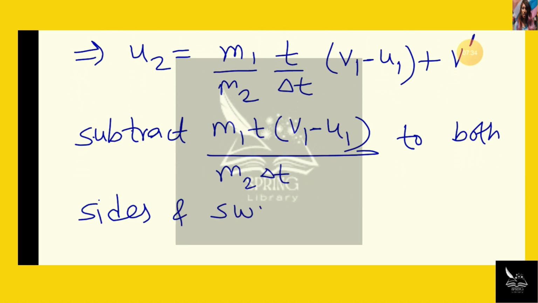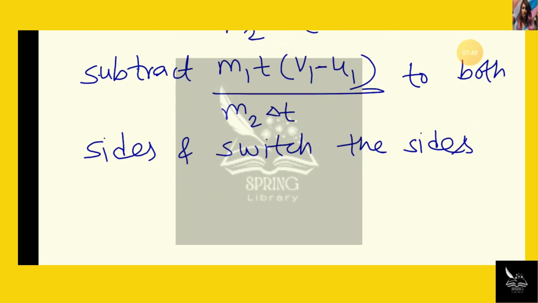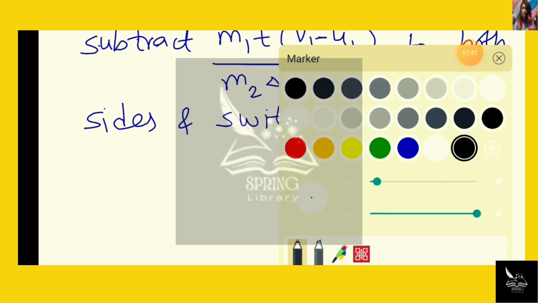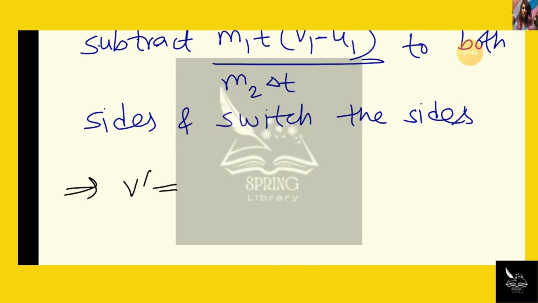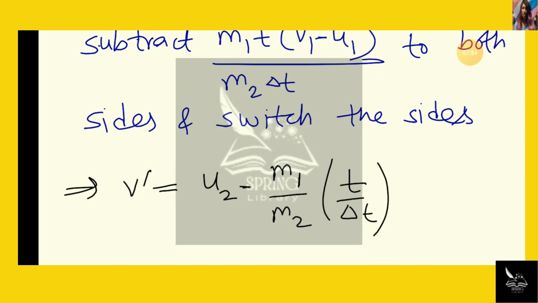Then I will get the result that v dash is equal to u2 minus m1 over m2 times t over Δt times (v1 minus u1).